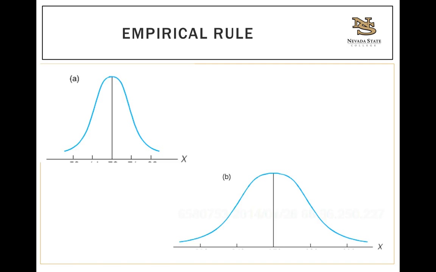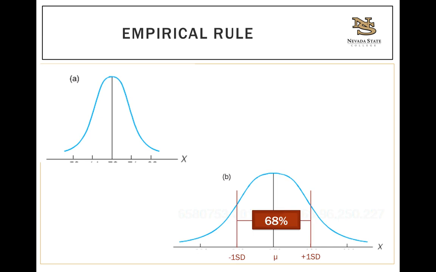And what's great about the empirical rule, as I just mentioned, is that it doesn't matter what your standard deviation is. So you can imagine that the standard deviation for this very narrow distribution is going to be small, whereas the standard deviation for this much wider distribution is going to be bigger. But again, it doesn't matter what that number is.